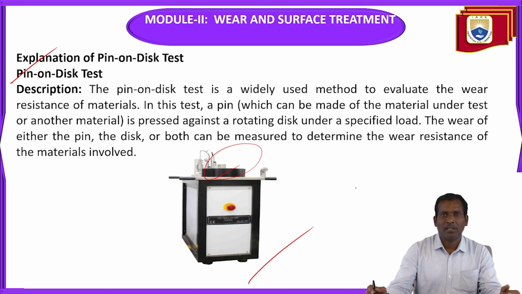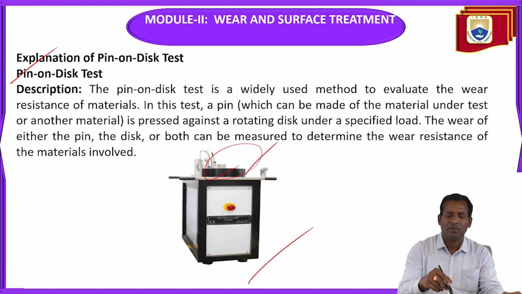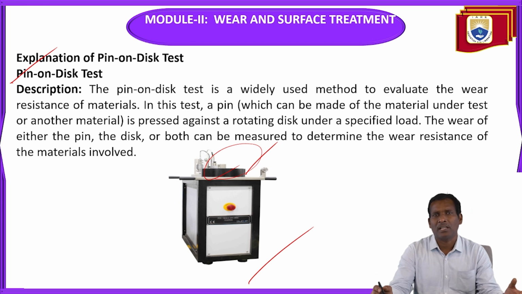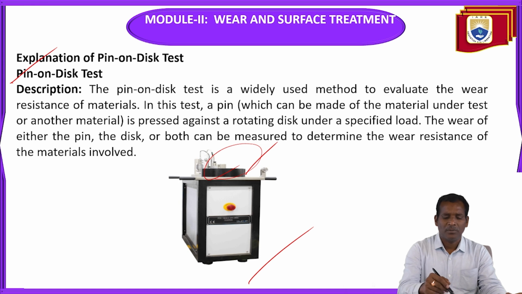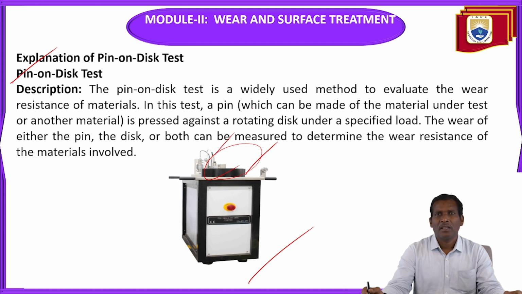In this figure, it represents the pin on disc testing machine. The pin is pressed against the rotating disc. The material which is to be tested is placed in a specimen holder.